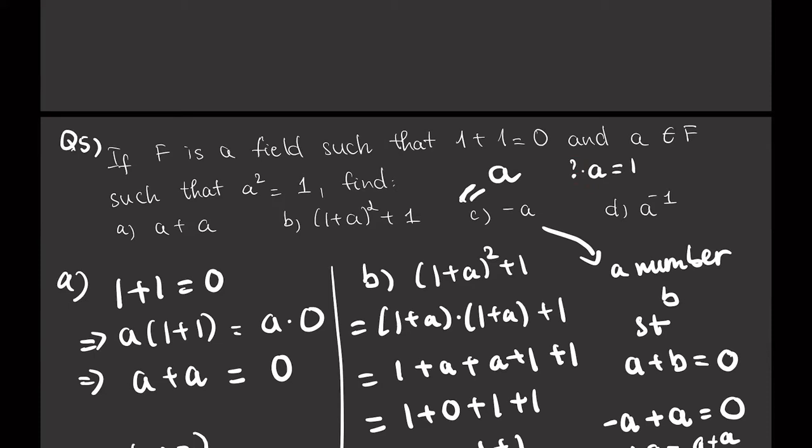Yes, it's A. It's given here. A squared is A times A, right? And we have A times A equal to 1. It's similar to this. So the question mark here is actually A. So the inverse of A is A.